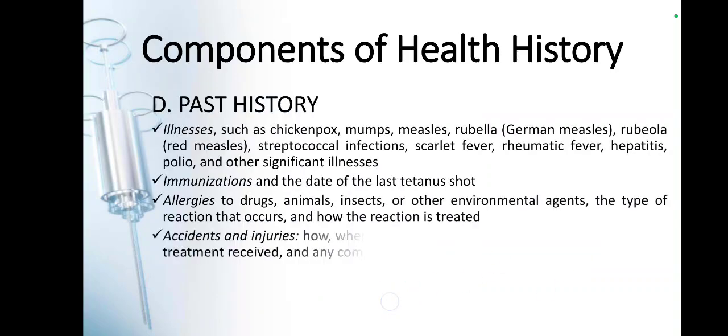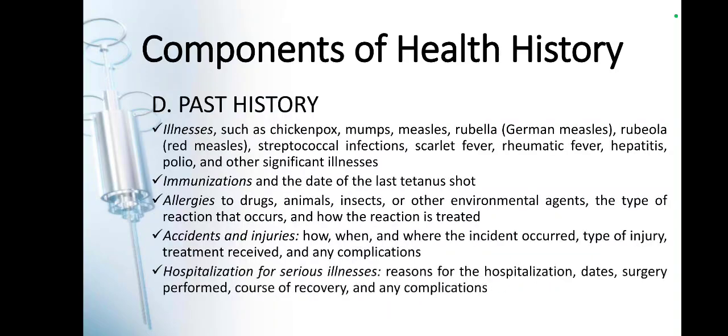So next we have your past history or past health history. This may include previous illnesses or major infections that you have experienced, such as chickenpox, mumps, rubella, streptococcal infections, rheumatic fever, hepatitis, polio, and so on and so forth.